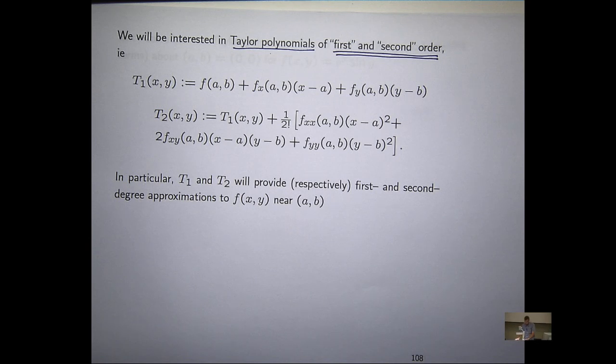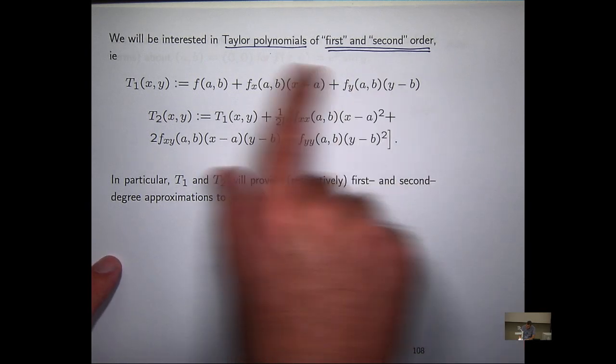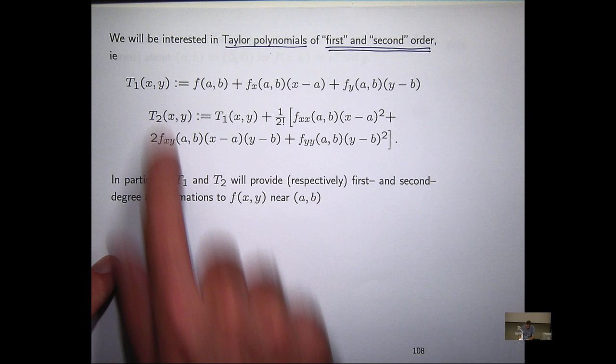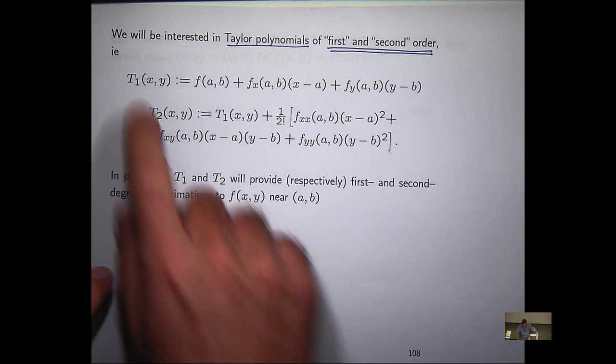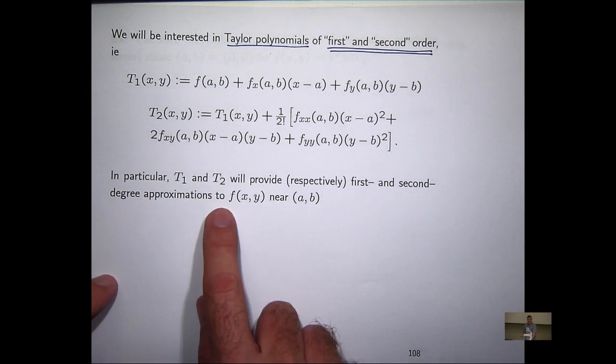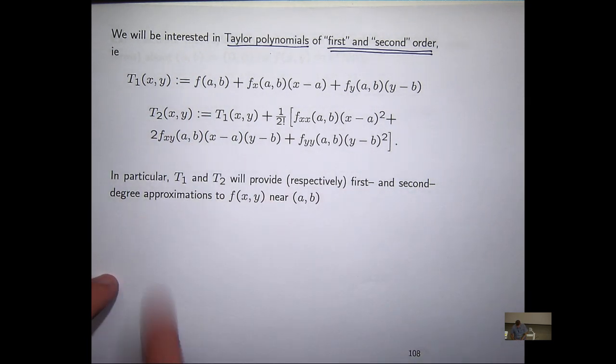Just like functions of one variable have these approximative properties with their Taylor polynomials, these two also give approximations. In particular, T1 gives what we call a first degree approximation to f near the point of interest, and T2 gives second degree approximations.